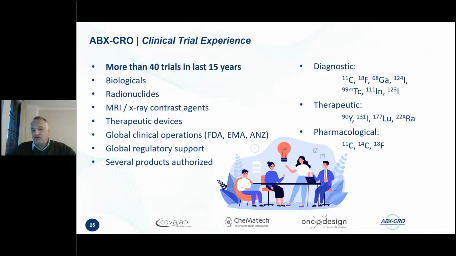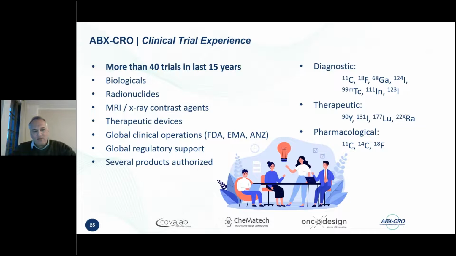Also C14 is a tool for so-called ADME studies, which gives you the fate of your compound. That's beyond the proper radiopharmaceutical development. It's here just a research tool for development of drugs which are not intended to become radioactive.